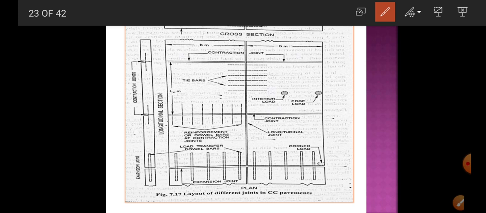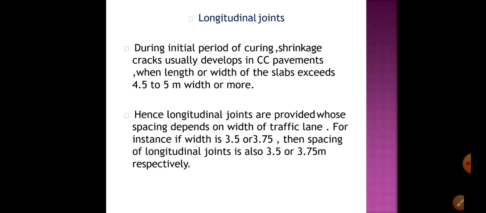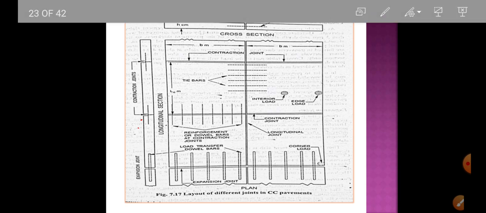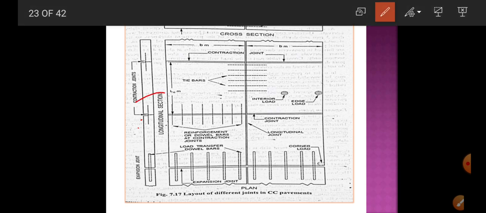These are the corners of the slabs. These are different slabs that are attached here, and this is the contraction joint. And here at this point you find the tie bar. This is the cross section in the longitudinal direction.